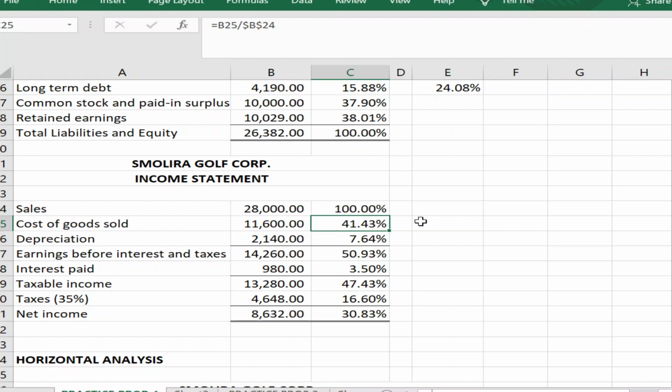And if this cost of goods sold in itself is too large, we can expect that the remaining profits would be lesser. So as much as possible, we have to make sure that we can reduce our costs, but of course we will not sacrifice the quality of our products.